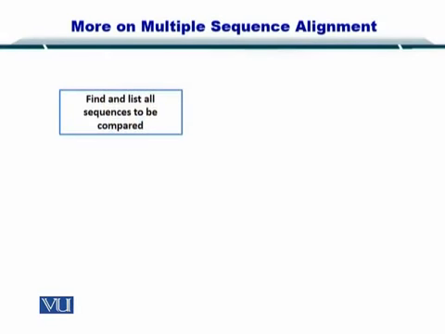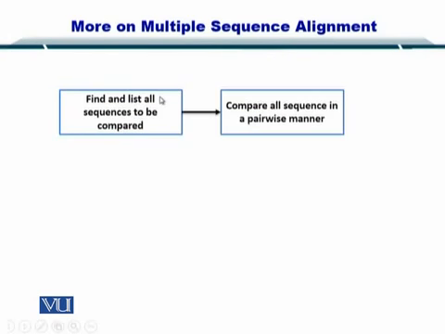So first of all, you find and list all the sequences to be compared, and this can be done by simply finding their ID. Next, you compare these sequences that you already listed, and you build pairwise alignments.